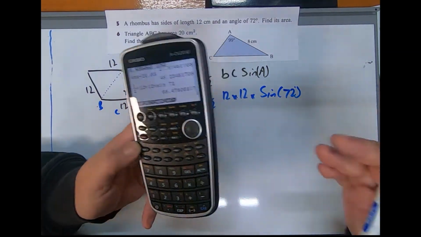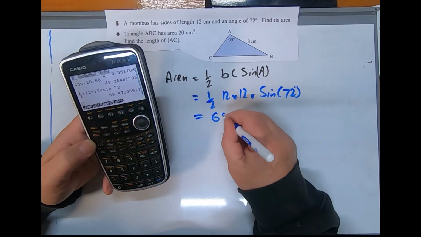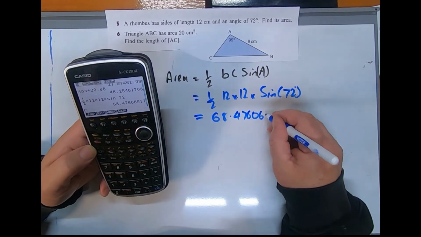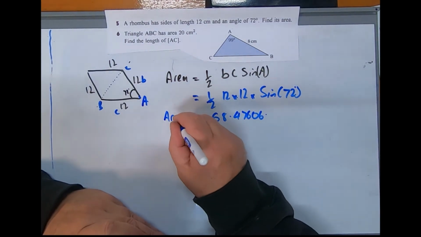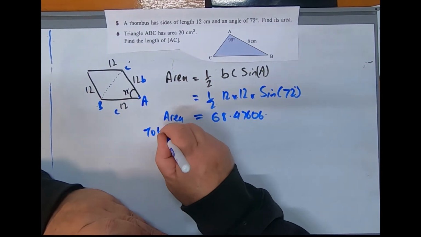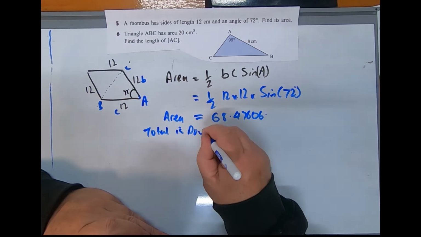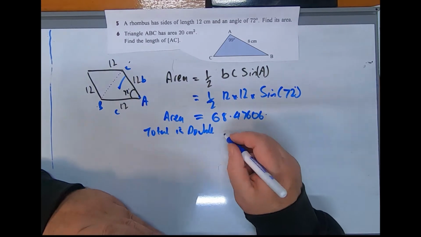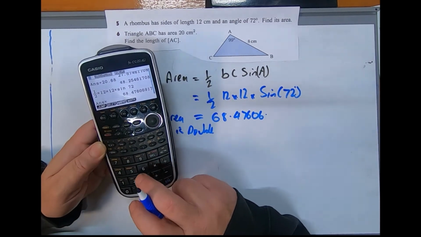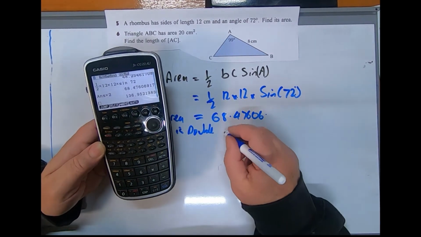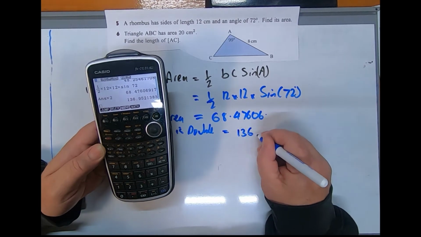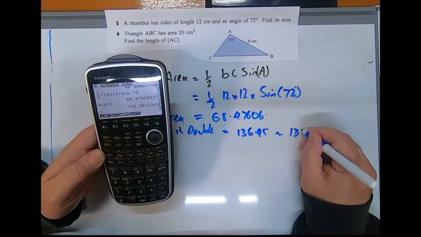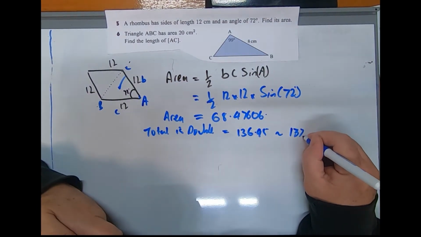Let's call it 68.5. 68.47606, because that's one area, so the total is double. Okay, so I just did this part, and this part is the same again. So let's times that by 2. Times by 2 is 136.95. So it's around about 137. Okay, that's what we're looking for.